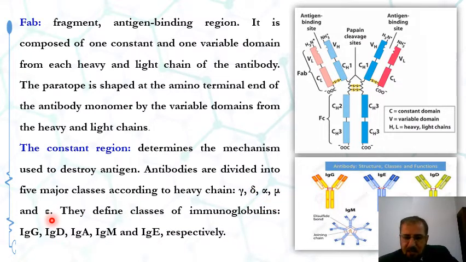In English, we say immunoglobulin IgG, IgD, IgA, IgM, and IgE. So these are G, D, A, M, and E: immunoglobulin G, immunoglobulin D, immunoglobulin A, immunoglobulin M, and immunoglobulin E.